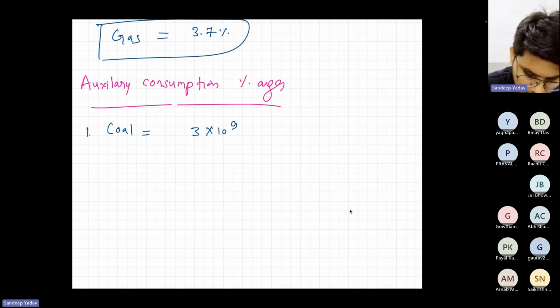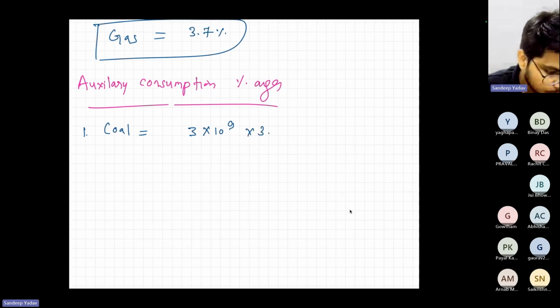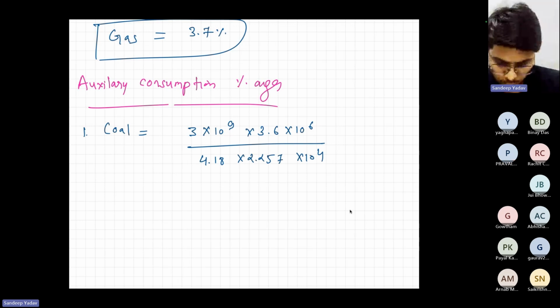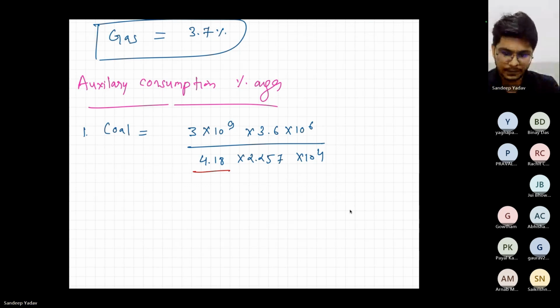So we converted that into units: 3.6 multiplied by 10 to the power 6, divided by 4.18 into 2.257 into 10 to the power 14. The 4.18 converts the kilocalorie into the same units as given in the question, and 10 to the power 9 is used for the millions.